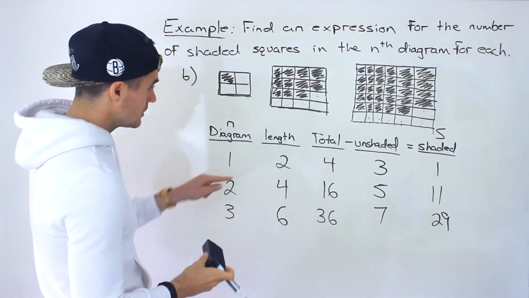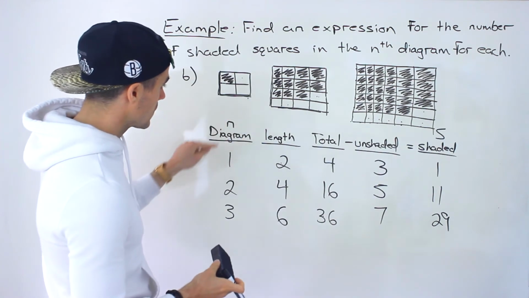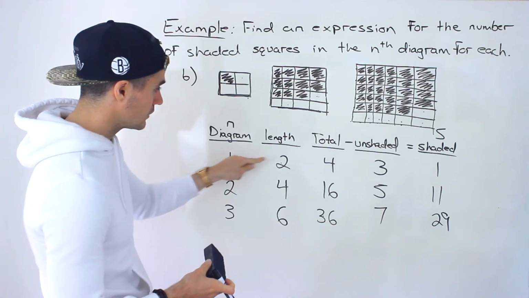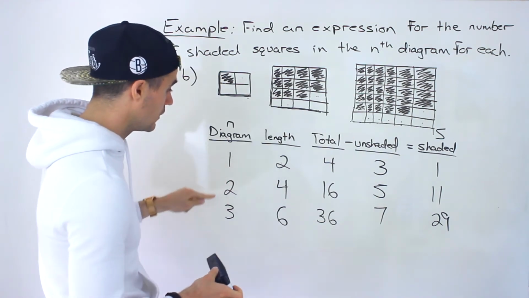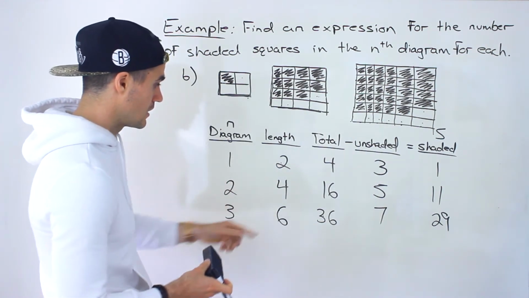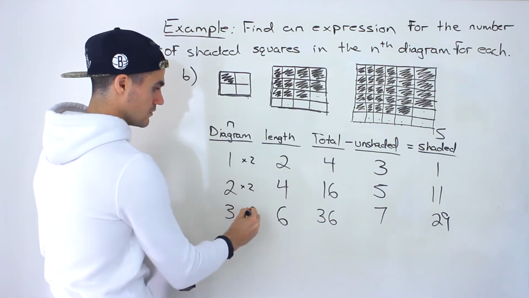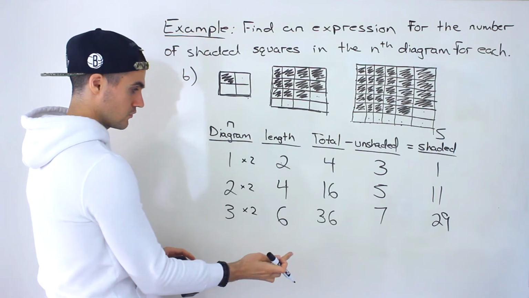And so how does the length of each of these squares relate to the diagram number that we're on? Well, how does 1 relate to 2, 2 relate to 4, 3 relate to 6? It seems like we're just multiplying these by 2 in order to get this over here.